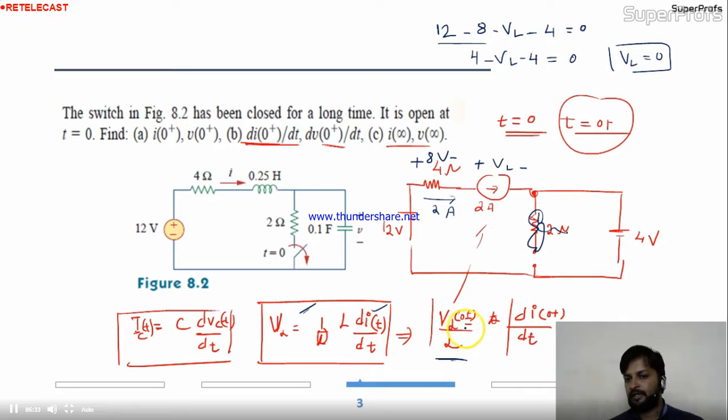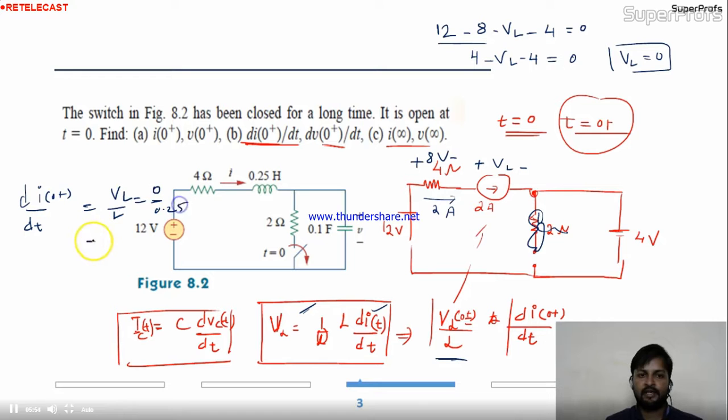Once you got the value of VL, that is 0, can you get the dI value? Yes, you can get it now, because they're asking for this, right? And this is nothing but VL by L. VL is 0, L is 0.25. So finally this is 0 ampere per second. So this is all about dI0+/dt.